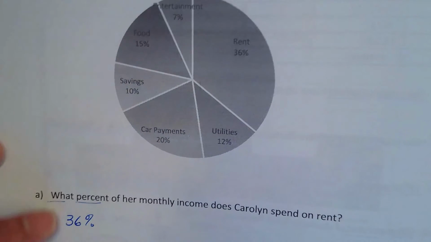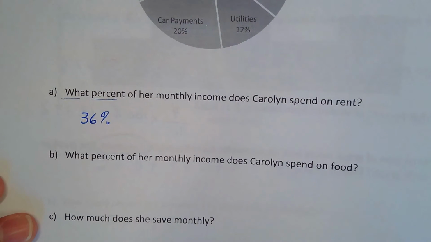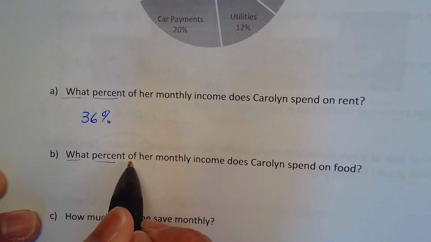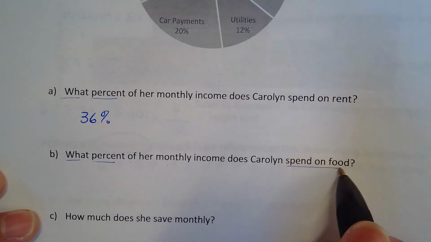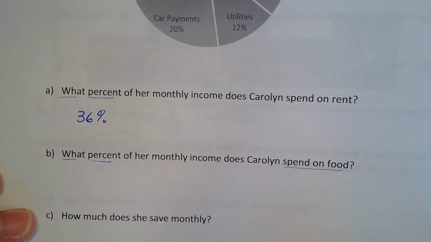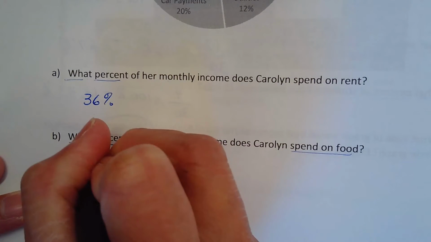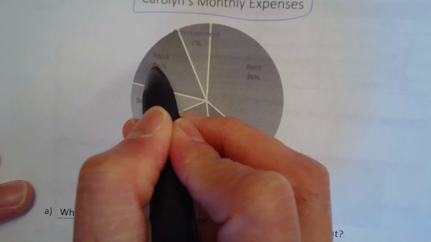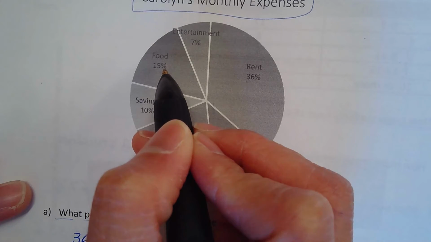Letter B. What percent of her monthly income does she spend on food? 15%. That one's not bad because as you can see, it says food, 15%. Right? Good.